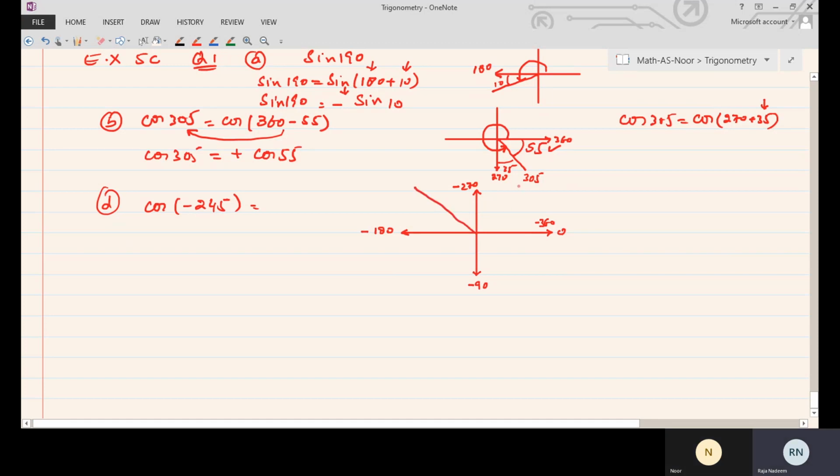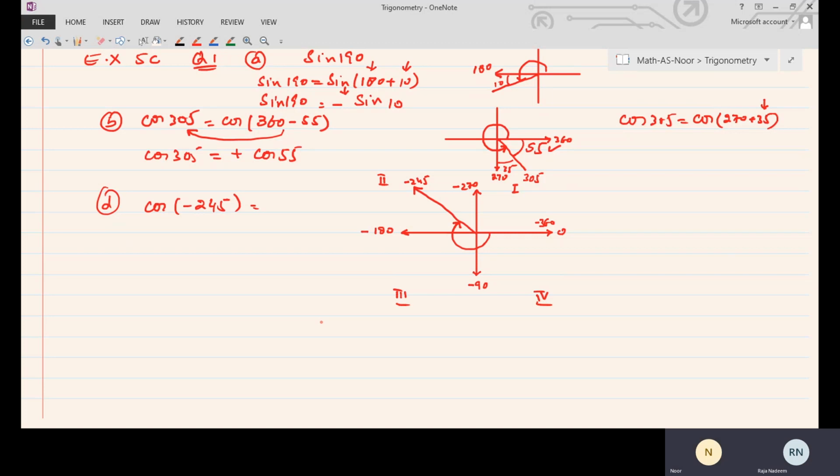second quadrant. The quadrants' names would not change: first quadrant, second quadrant, third quadrant, and fourth quadrant. So when you start from your basic line and move to this, this angle is equal to minus 245. My question is now, in this case, which angle is the basic angle?